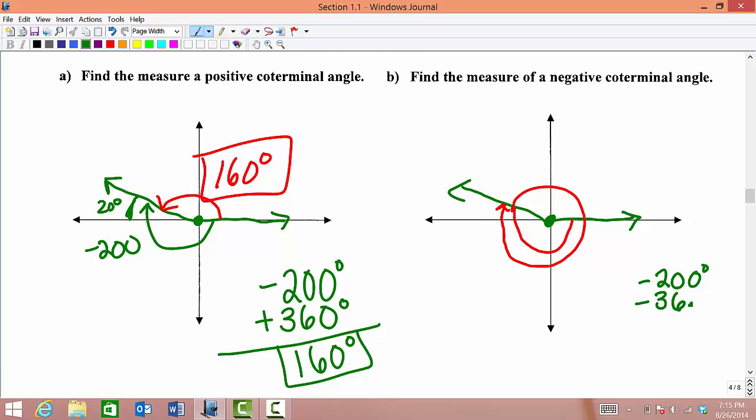So that would be negative 360 degrees, and when we subtract 360 degrees from negative 200, we end up with negative 560 degrees. So negative 560 degrees would be coterminal to negative 200 degrees. Remember, coterminal angles have the same initial side, the same terminal side, but they just differ by the amounts of rotation and direction.